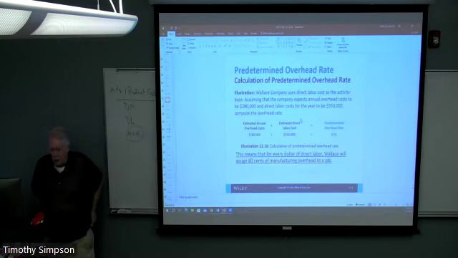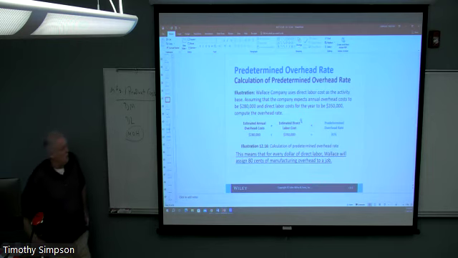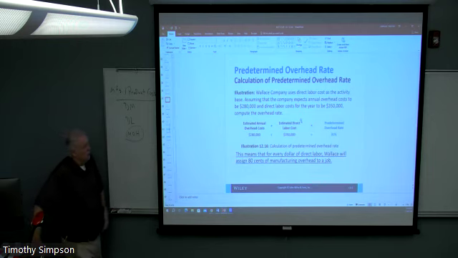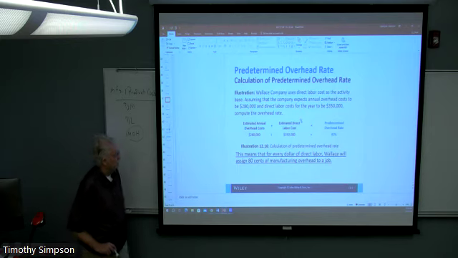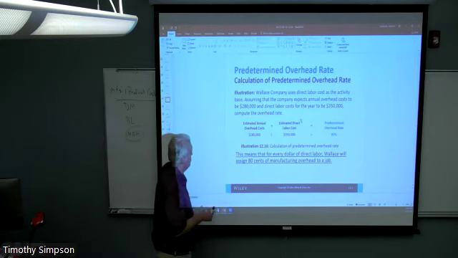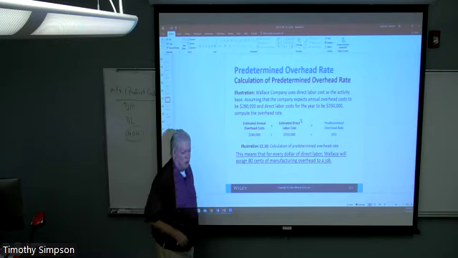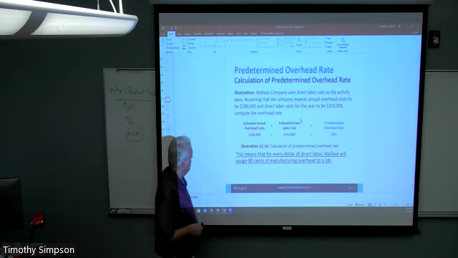And so in this case, what is the example that we're using here? We're using direct labor. And we're back to this Wallace Company, whose exploits we've been following as we've been moving through this chapter. They're going to use direct labor cost, that is labor dollars, as the activity base or the so-called driver. The term driver is one that I'm just introducing now. I don't believe it's even discussed in chapter 12, but it will come up a bit later.